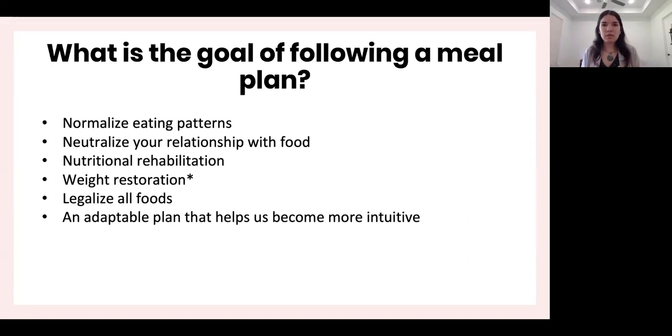But over time, as it becomes more normalized and more ingrained, hopefully it becomes more adaptable, and you can make changes according to what you need and what you like.